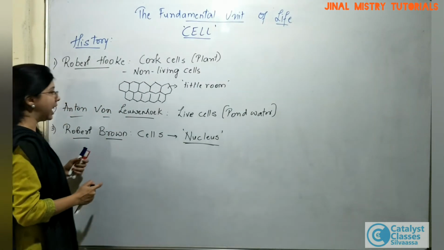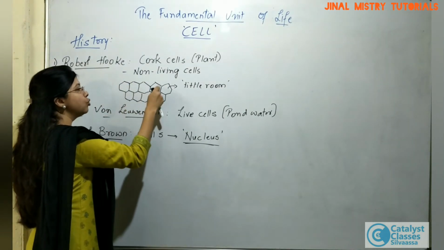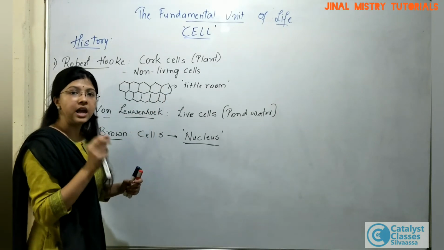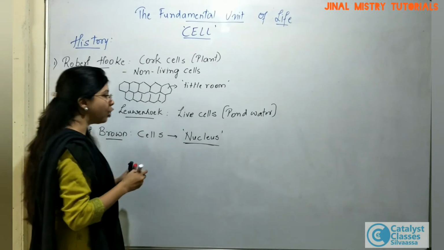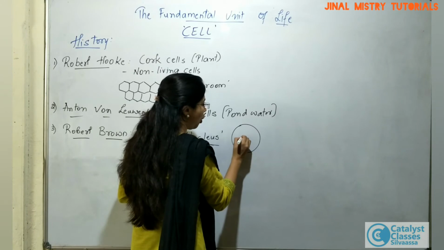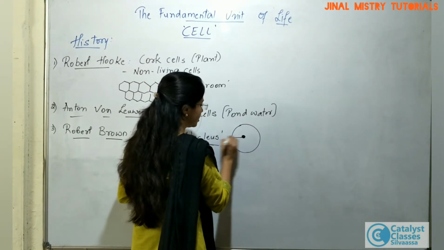He told that cells are not only rooms which do not have anything or which just have fluid in them, but inside that fluid is also present a dark stained structure which is called the nucleus.